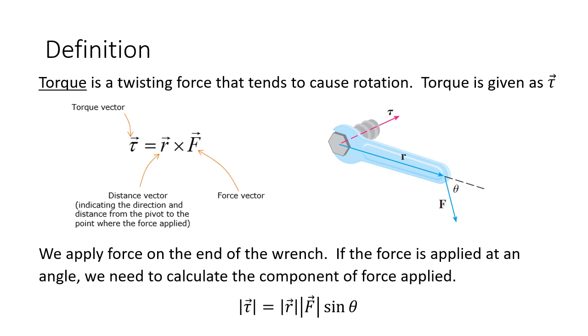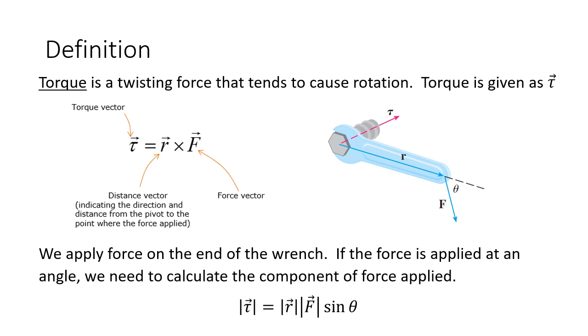So you're going to get more torque the further away you are from the nut. If you've ever been a mechanic, with breaker bars, if you want to loosen a bolt, the longer the wrench, the more force you'll be able to apply on that bolt. And then of course, more force if you go straight down from the end of the wrench as well.